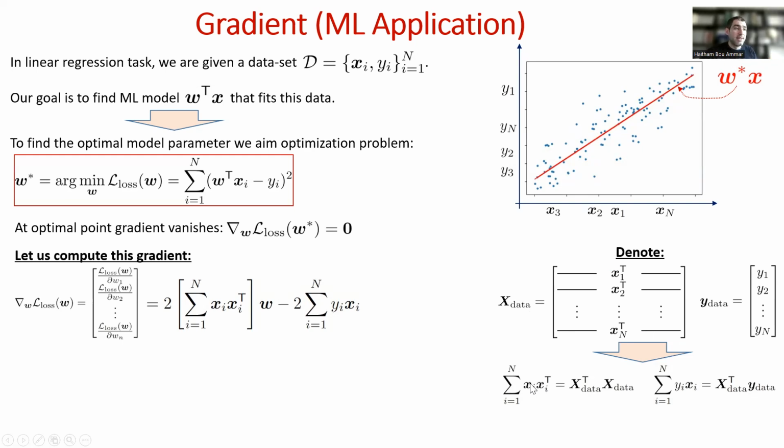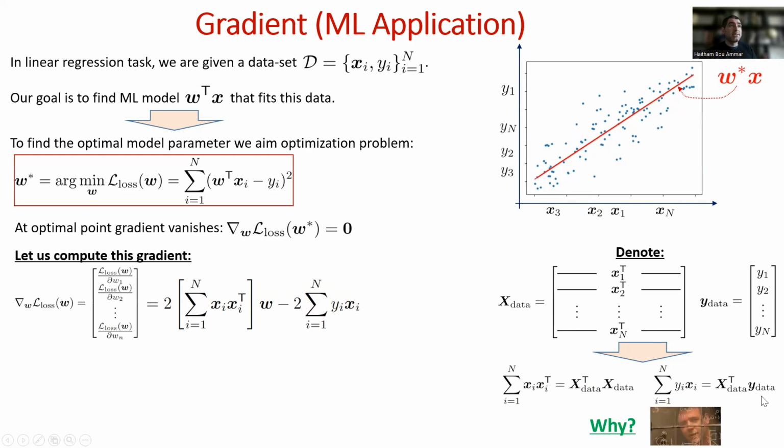Keep in mind that these are matrices, not scalars. Also, this second term, the sum of yi multiplied by xi, can be conveniently written as X data transpose multiplied by Y data.